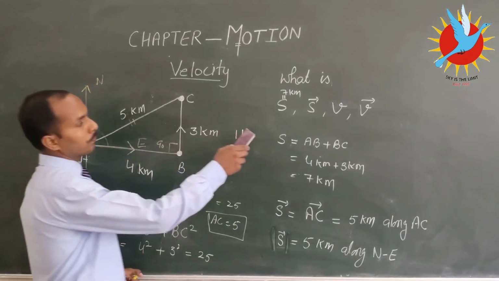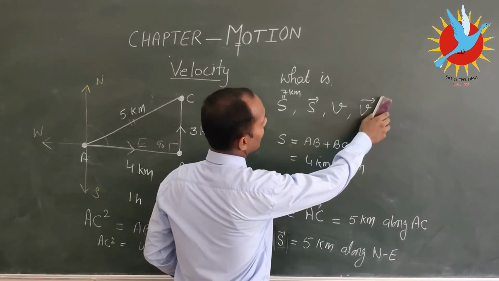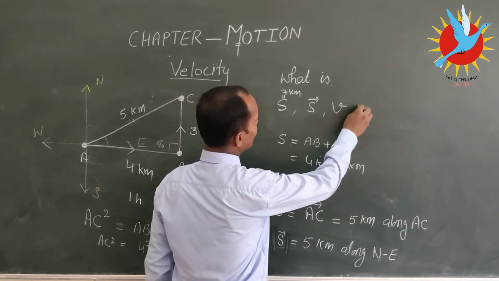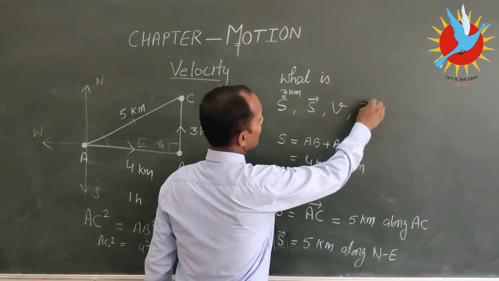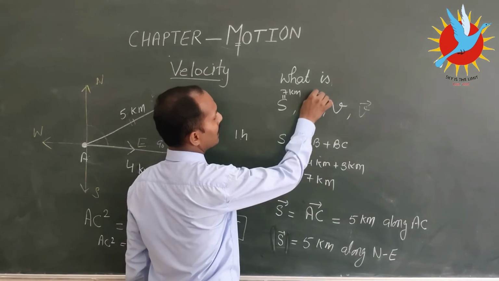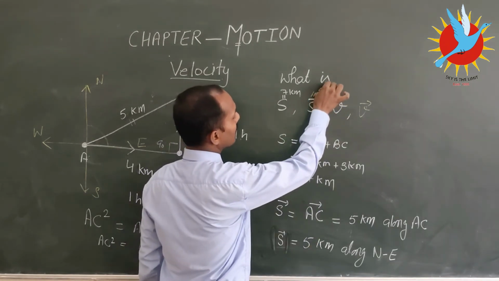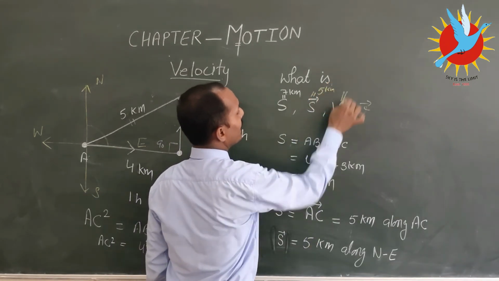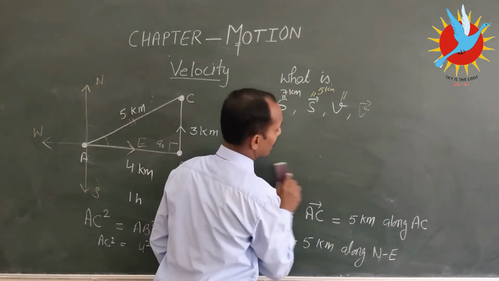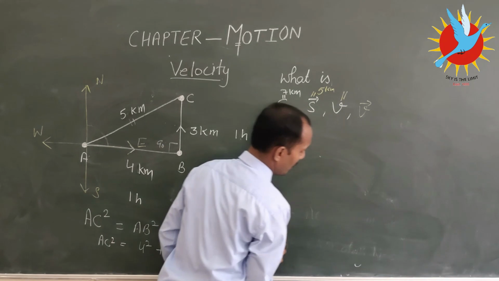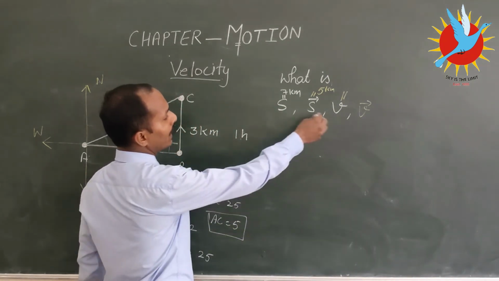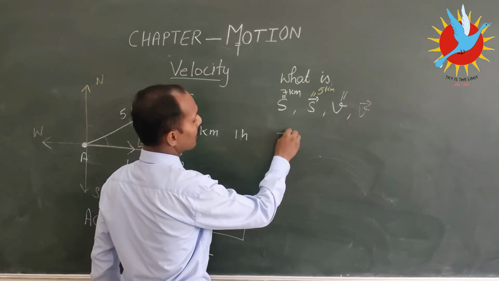But our point is to calculate the speed and velocity. Our magnitude of displacement is 5 kilometer. Now let's calculate speed, and after that velocity.